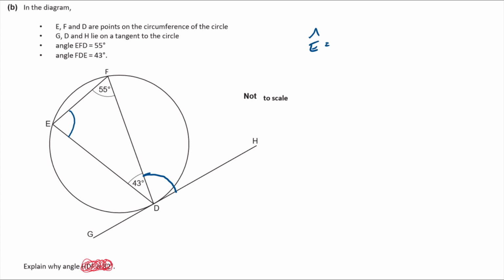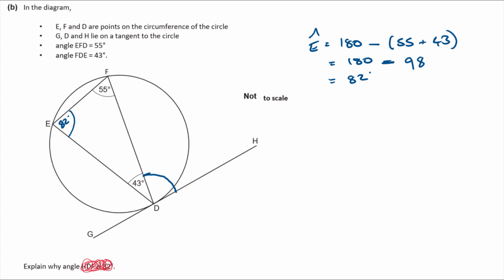That's going to be equal to 180 minus those other two angles then, isn't it? 55 plus 43. 180 minus 55 and 43, that's 98. 180 minus 98, that's going to be 82 degrees, isn't it? Okay, so that is 82 degrees.